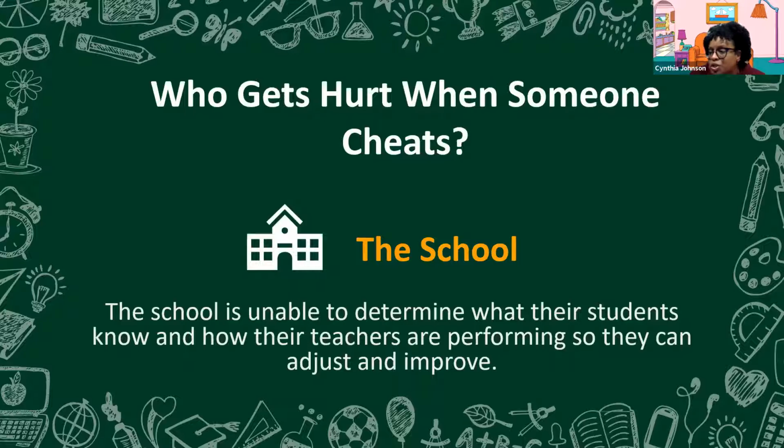Maybe we could send our teachers to a math summer camp where they could really learn how to be dynamic math teachers and learn really cool ways of teaching you math. But because everybody in the class is cheating and getting all A's, we have no way of knowing that we could be doing something different. So in that way, the school suffers because they really don't know what areas that they could improve in.